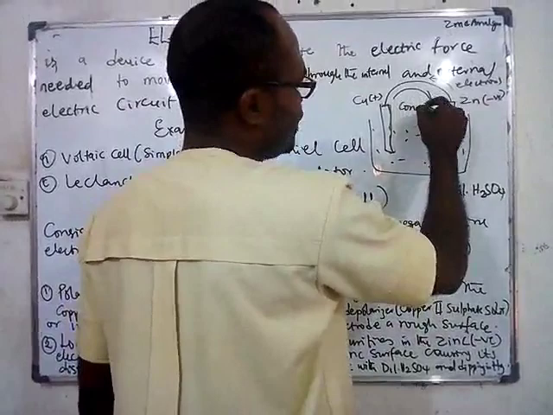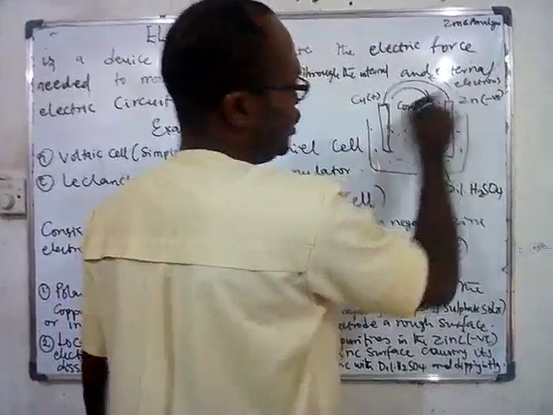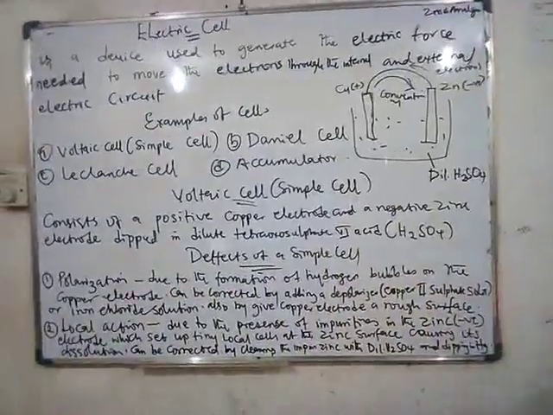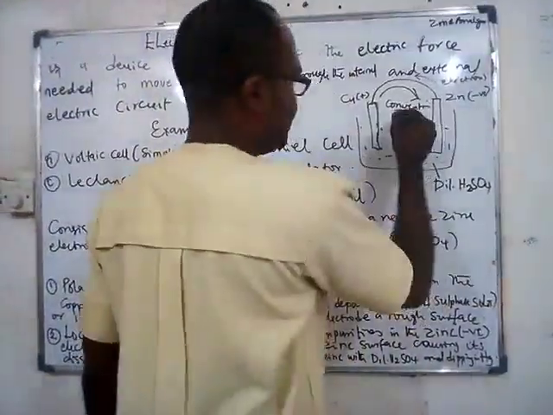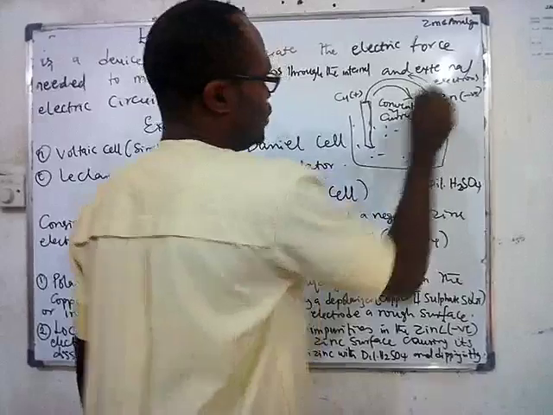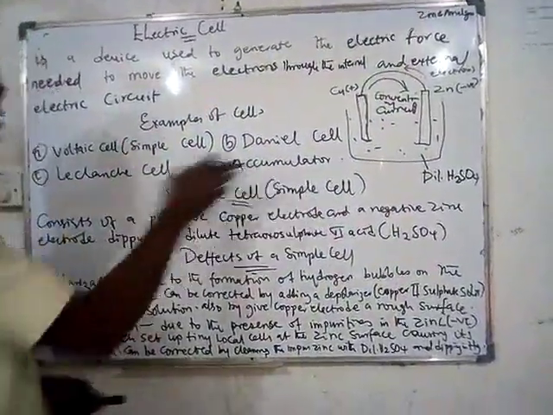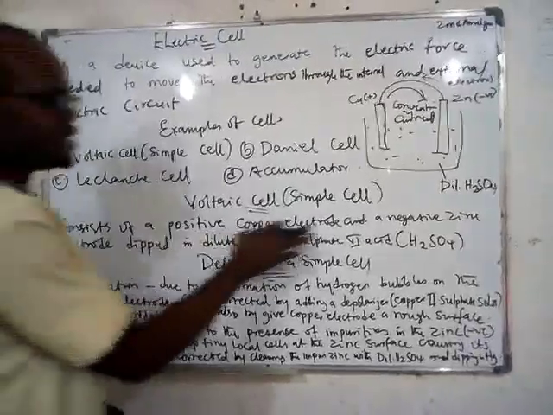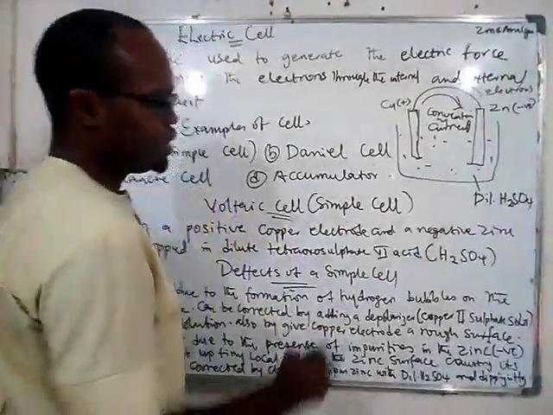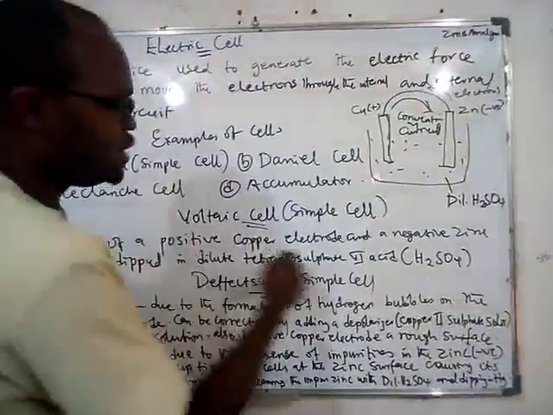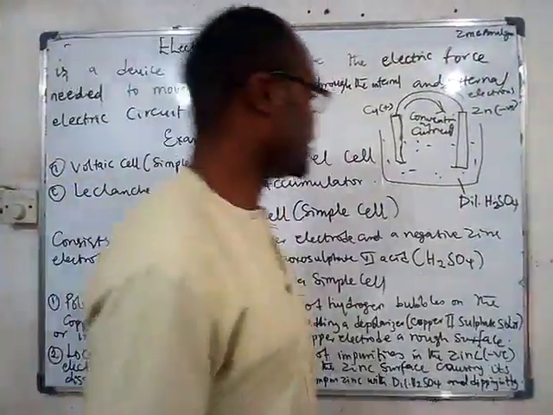So you have the conventional flow of current in the reverse direction. So whenever you're talking about simple voltaic cell, you're talking about a cell that consists of a positive copper electrode and a negative zinc electrode dipped inside dilute tetraoxosulfate 6 acid.